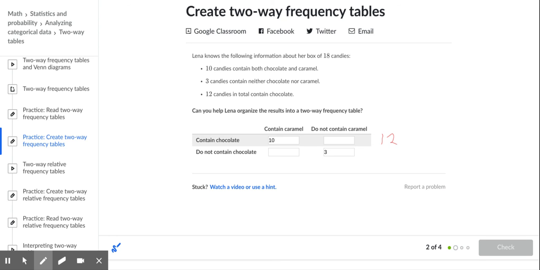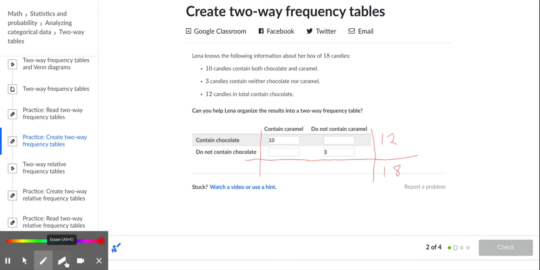So that means that if we added these two together, we would get 12. And we know that the total is 18. So if I added these up and then added those up, I would get 18. And then same over here. All right. That's the information that I'm given.